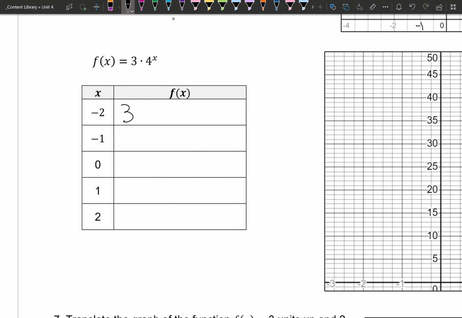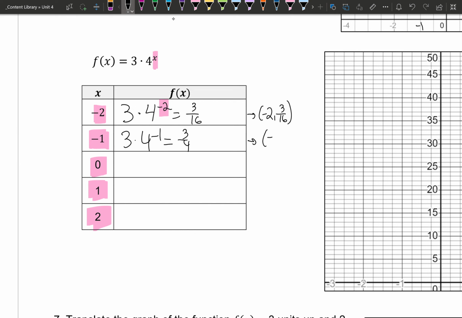Let's do the same thing with the second table. Just like in the first one, I'm going to be plugging in -2 instead of x and getting 5 coordinates. Okay. When I plug in -2, I get 3/16. That's a tiny fraction. When I plug in -1, I get 3/4.